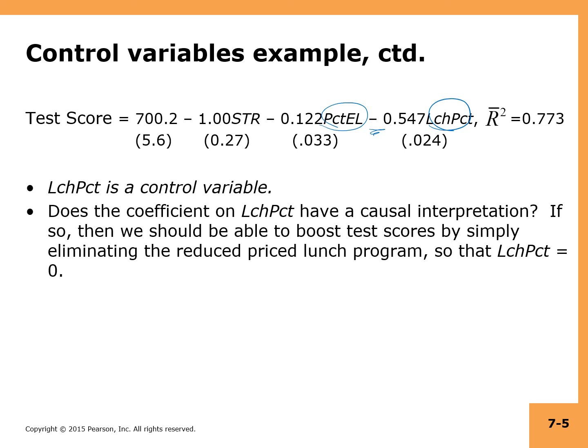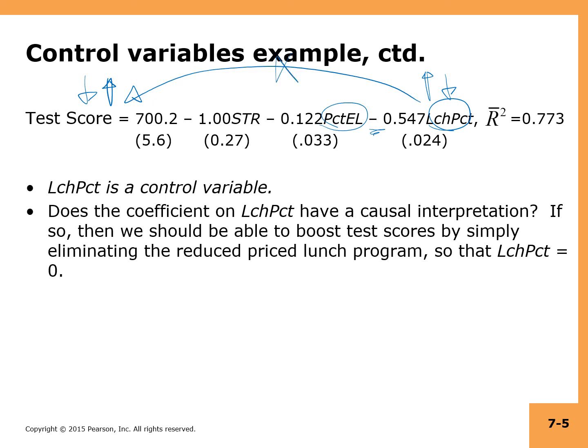As you can see, the coefficient for the percentage of students who are enrolled in the reduced price lunch program is negative, meaning that when there's a higher percentage of students enrolled in the reduced price lunch program, the test score is lower and vice versa. But this does not mean that one causes the other.